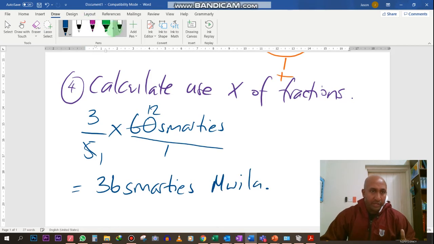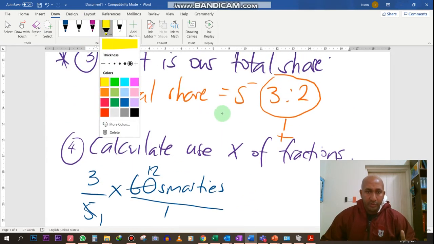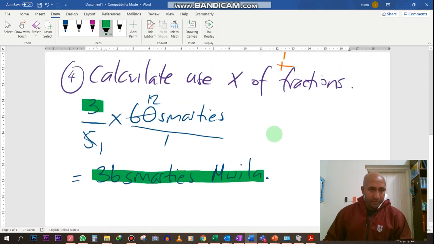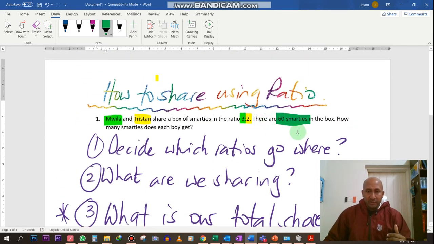And I will highlight this in yellow because I want to show you that order matters. The three shares out of 5 belong to Muila, and that equates to 36 Smarties that is coming Muila's way out of this box of 60. Now the question at the top here says, how many Smarties does each boy get?